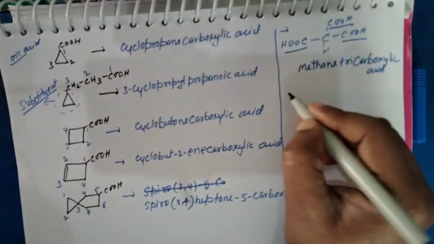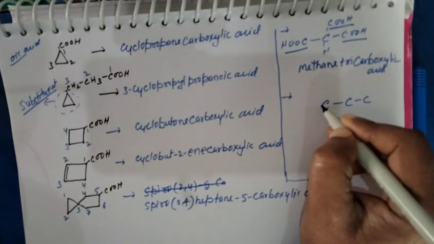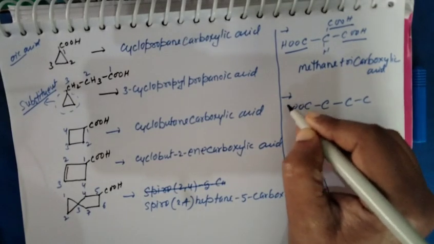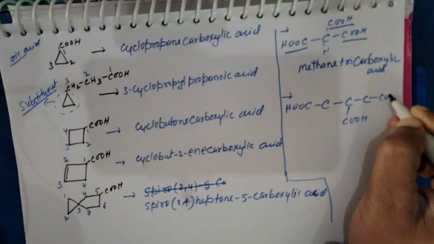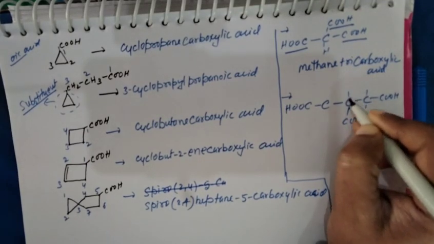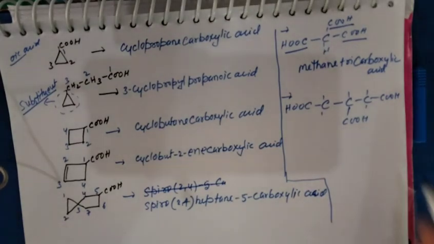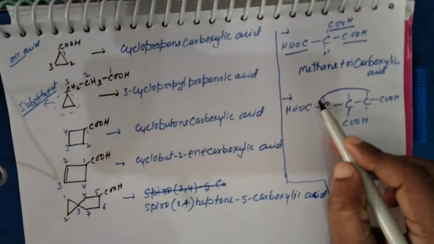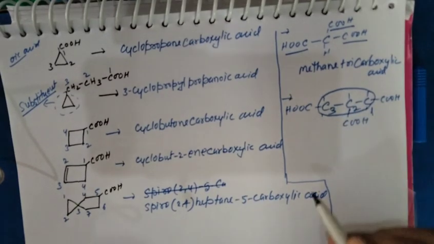We have another example here. So here we can write COOH, here COOH, and here COOH. The next one is hydrogen. So this is the main compound, 1 2 3.